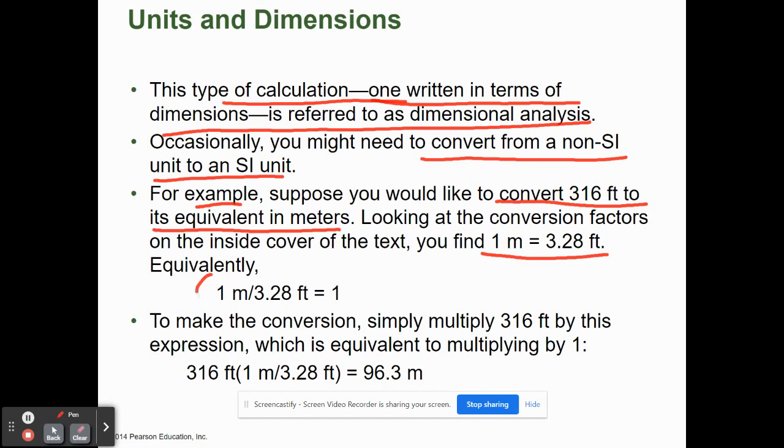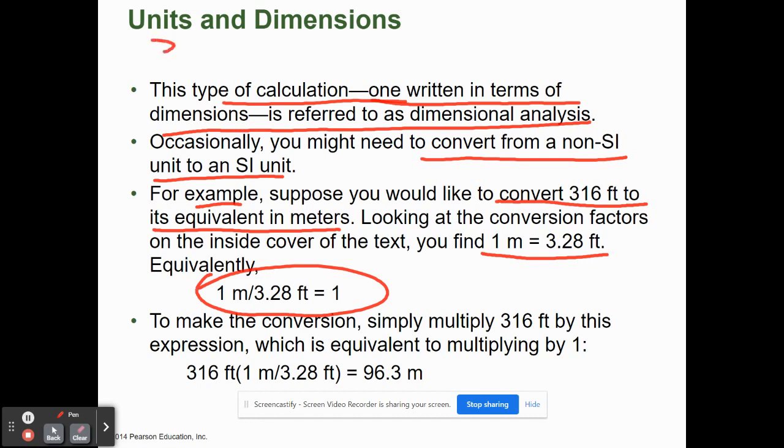So when you make the little ratio, because that's what this is, your dimensional analysis is where we make a ratio equal to 1. So 1 meter is 3.28 feet. So we can set up that ratio, and that's the same thing as multiplying by 1. So here's our railroad tracks is what we called it.